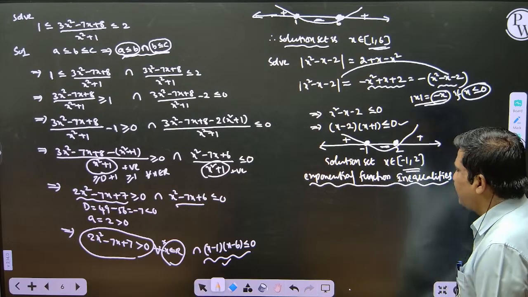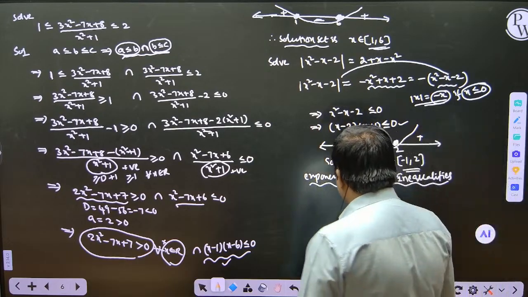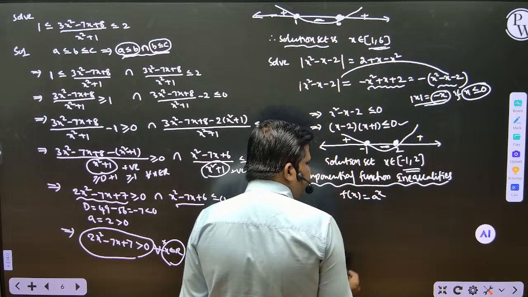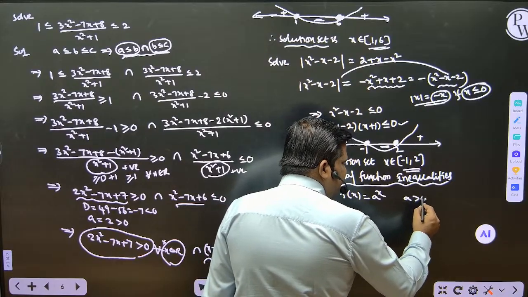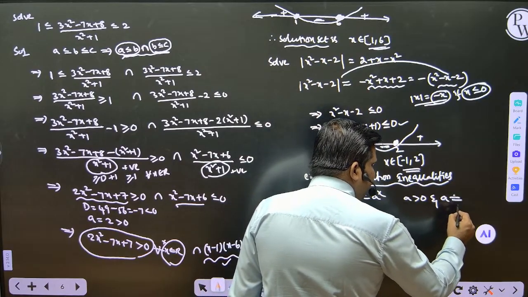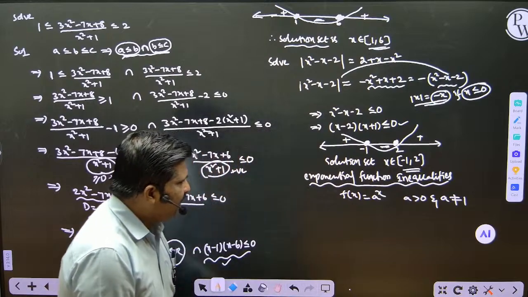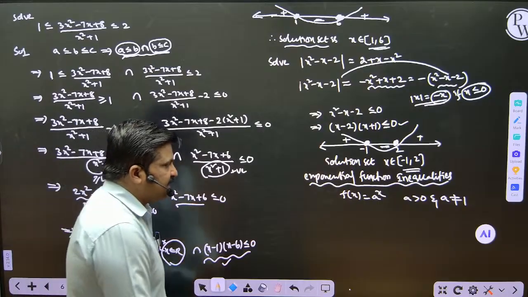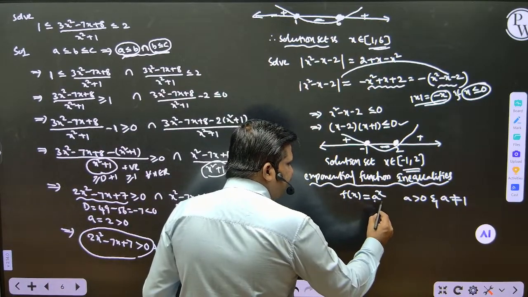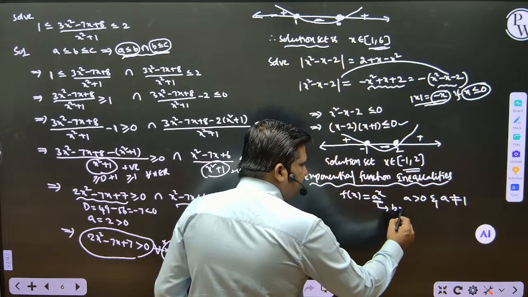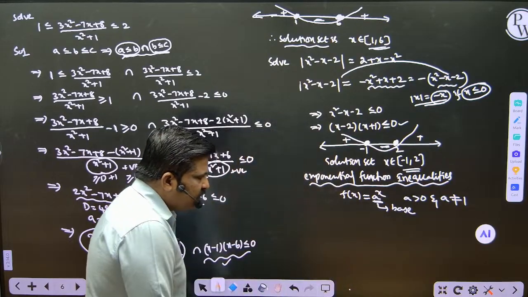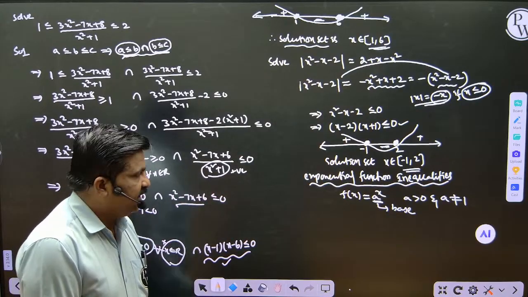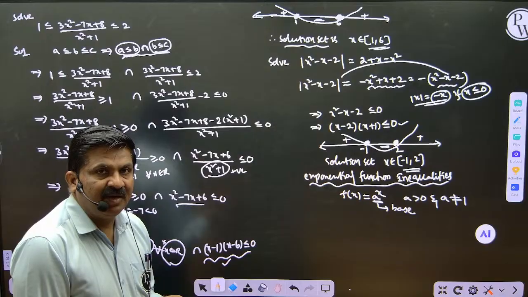What is an exponential function? f of x is equal to a power x, but a should be greater than 0 and a not equal to 1. f of x equals a power x is an exponential function. a is the base here. So a is greater than 0 and a is not equal to 1.